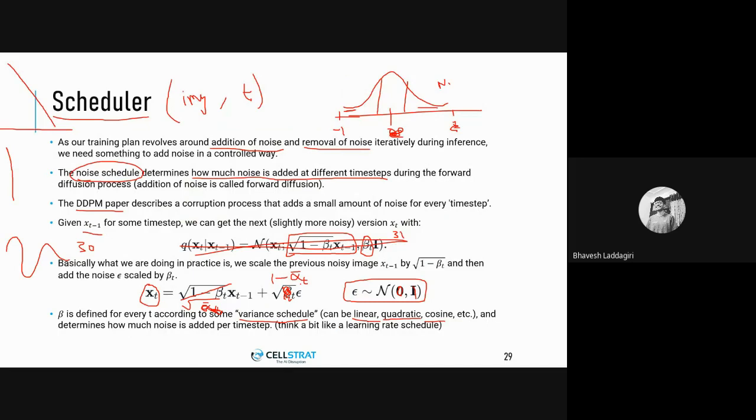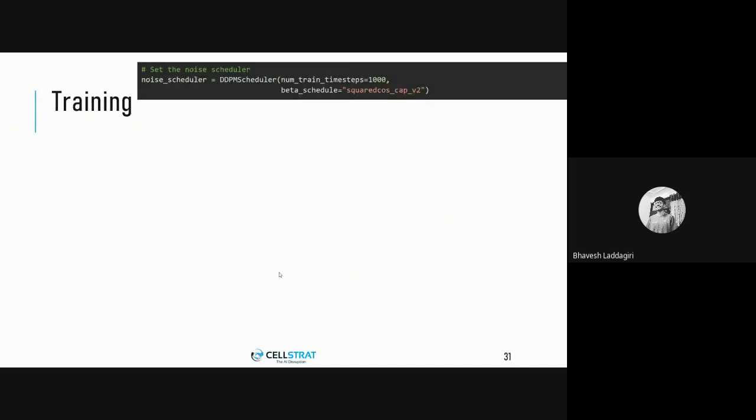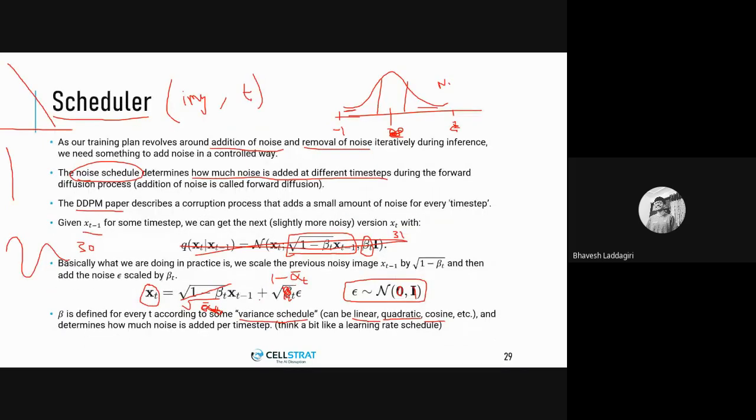This is just some mathematical tricks that they have done. As you can see in the formula, this thing is actually reduced to x0. So not t-1, but rather just 0.